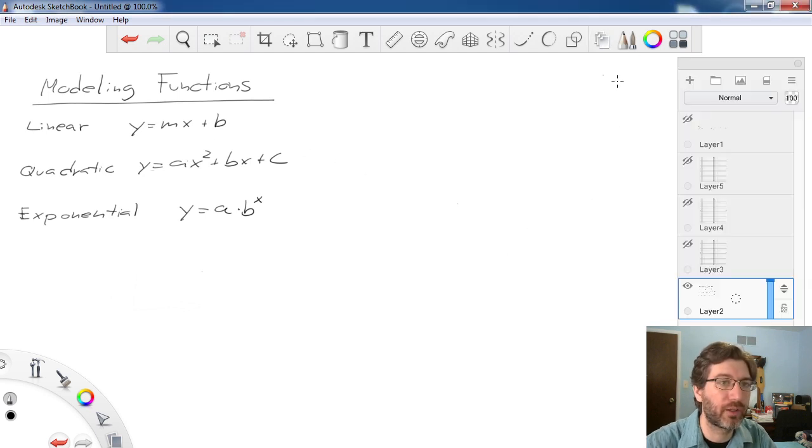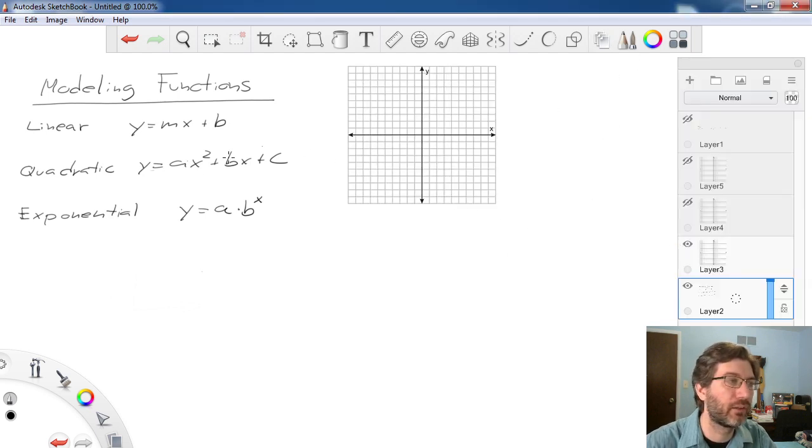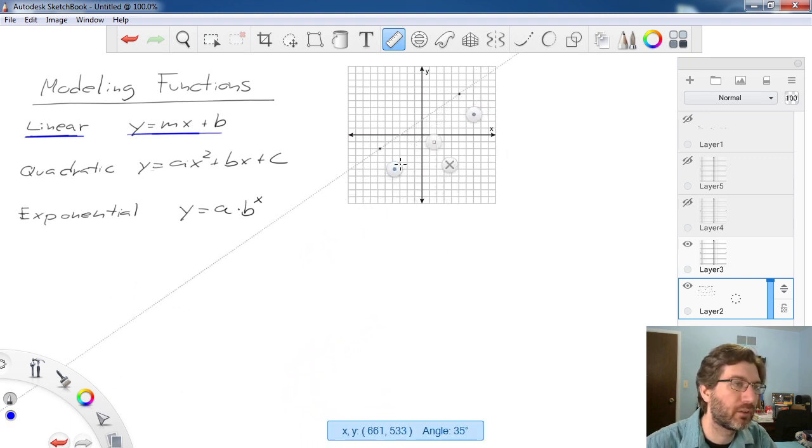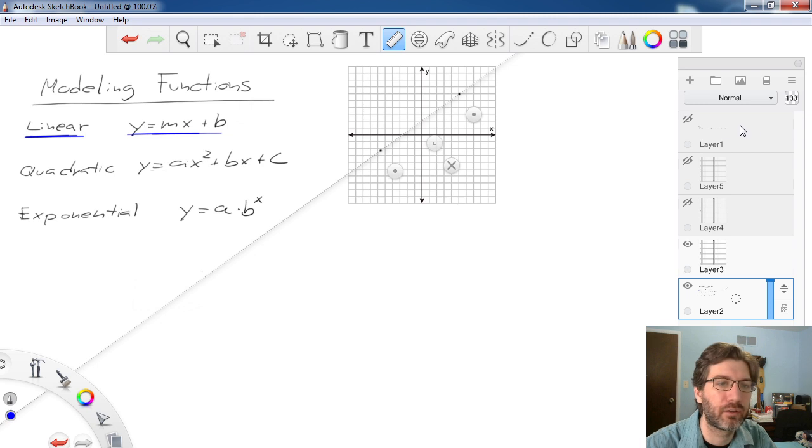But hopefully I don't have to remind you that a linear graph, and we're going to do linear in blue here, so I'm going to underline that in blue. Linear is going to be blue. Linear is going to be a simple line. So let's get our ruler out here, and I will just model a line with you. This here is what a linear function is going to look like.